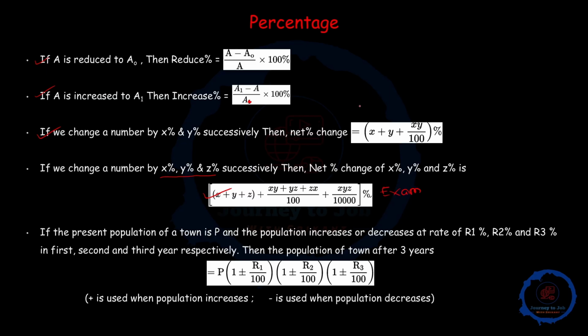This is also important, and many questions will be asked based on this formula. I will explain when that question comes. Next, this is a population related formula, and I will explain this also while solving problems, because while solving problems you can understand the formula very easily.